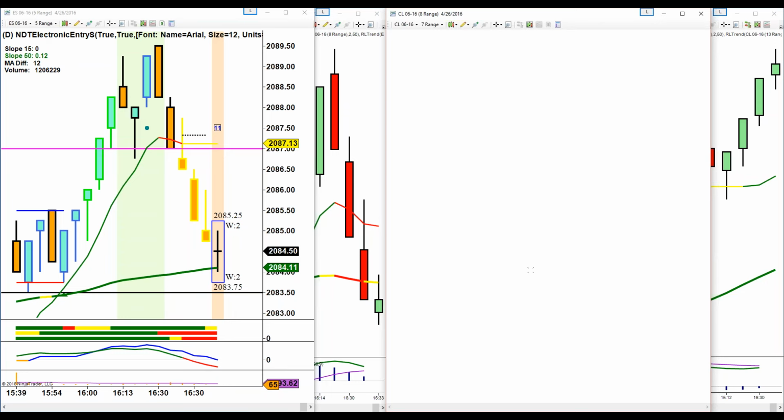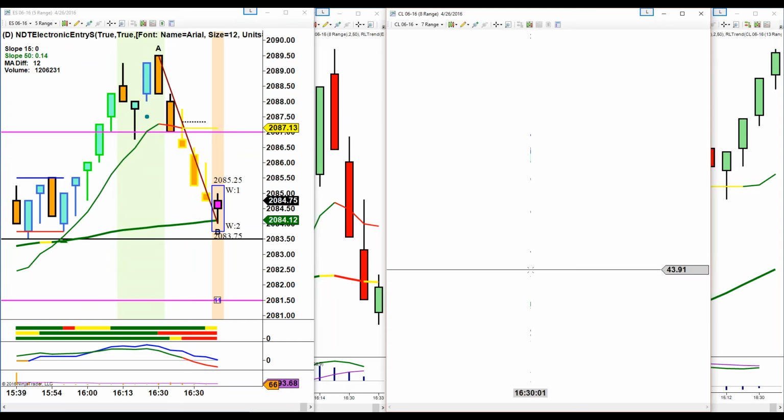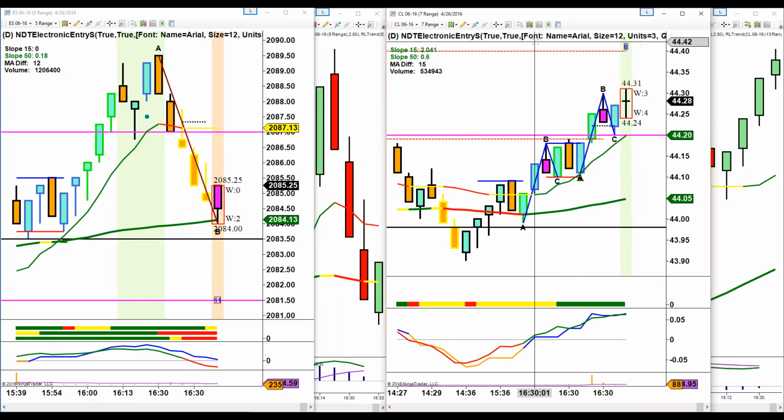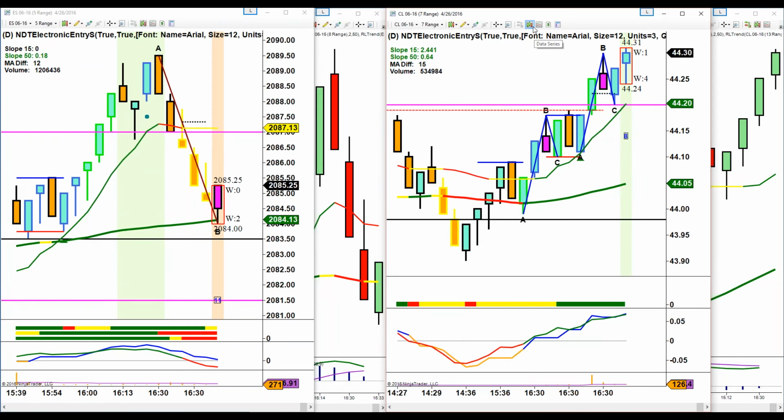Because I want to tell you what we here at Right Line look for on a trade, why we think it's important, and why we think these are the most important independent variables required for you to obtain a successful trade.